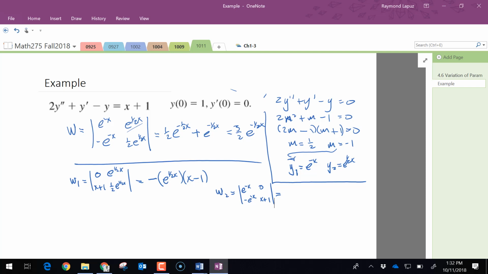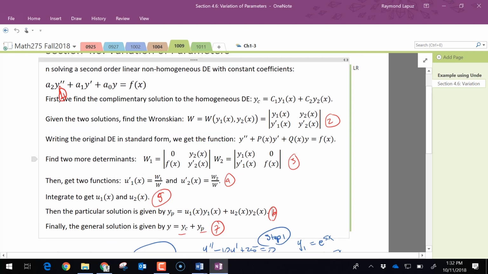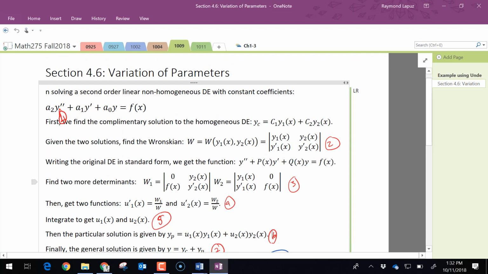I think I need to divide by 2. We didn't get very far yet, so let's see. At this point, when you find W1 and W2, you want to look at your differential equation in normal form.